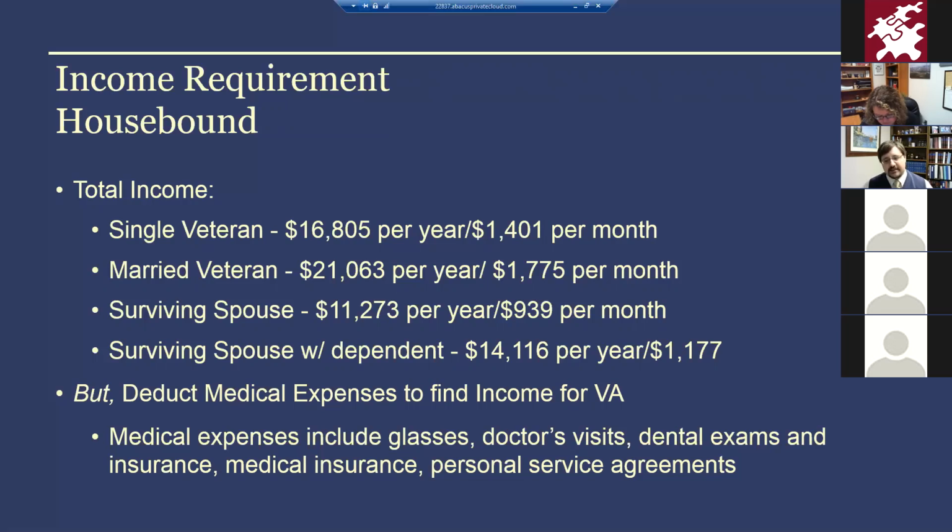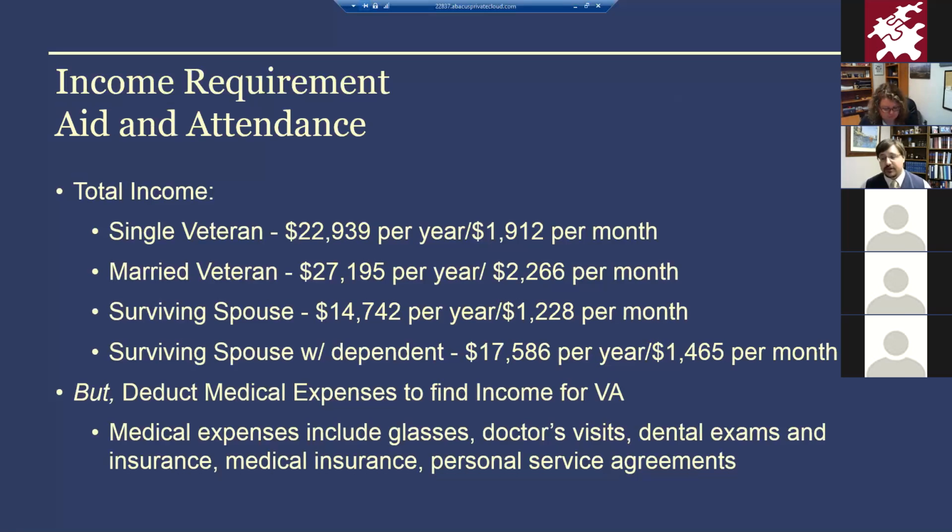We subtract recurring medical expenses, and recurring can mean annual, can mean monthly, can mean all of those types of things. And then we find the income for VA purposes, or the IVAP. Again, this is one that you're probably not going to see a whole lot. You may see the low income pension a little bit.